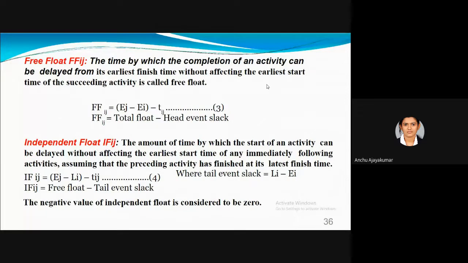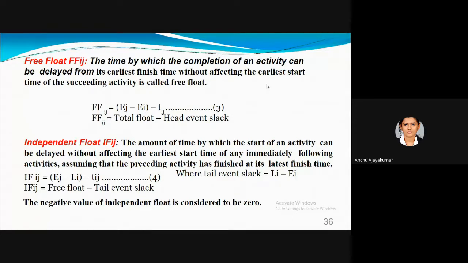You can delay taking your food, but it should not affect your assignment writing activity. That available fluctuation is known as free float.